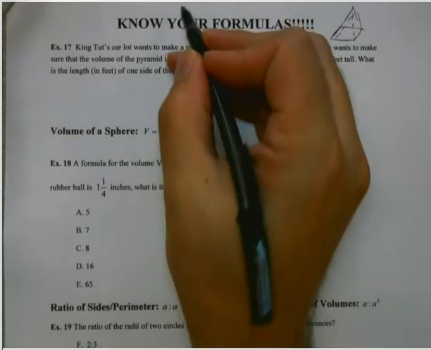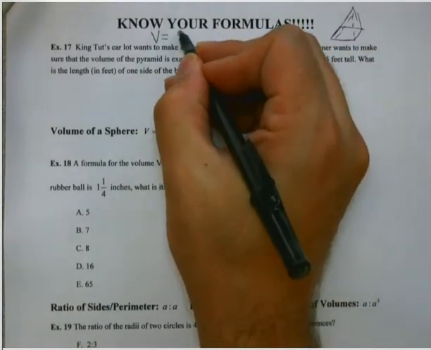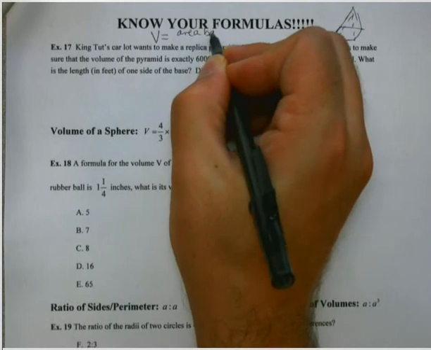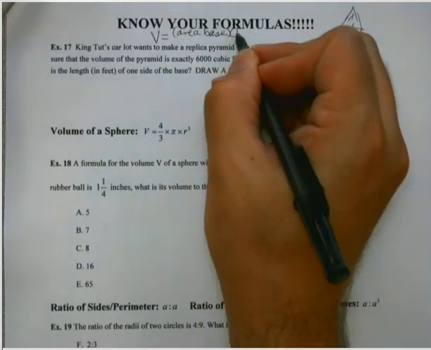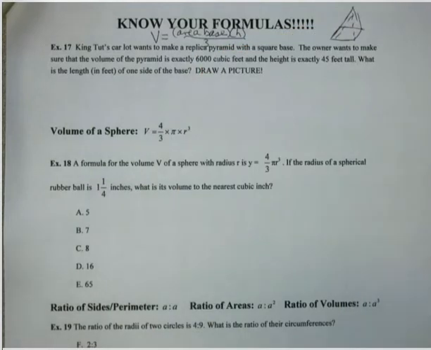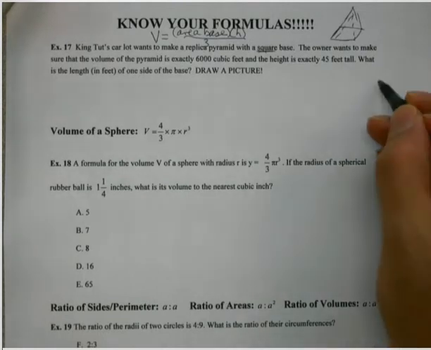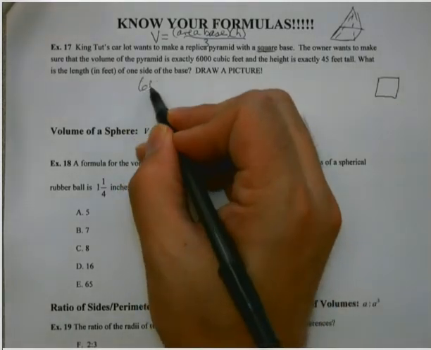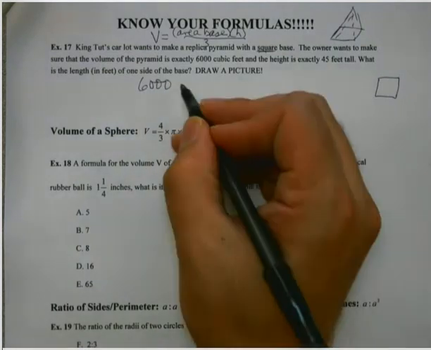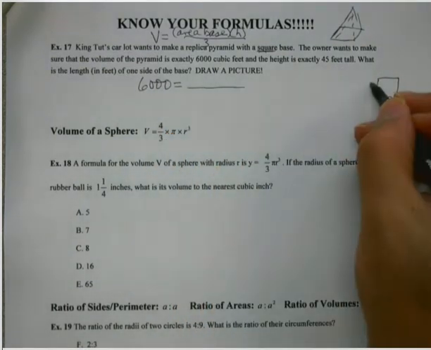Now for our volume this time, we're going to do the area of the base, because it's not a circle, times the height, divided by 3. So, square base. Well, we know a square, all the sides are the same. So we know the volume is going to be 6,000 cubic feet. We don't know the area of the base yet, but here's one thing I do know.